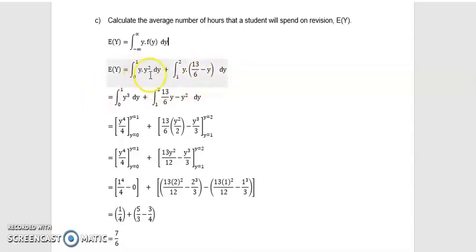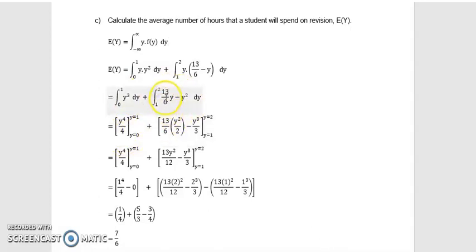Expand this part. y times y squared, we get y to the power of 3. And then y times 13 over 6, we get 13 over 6 y, minus y times y, we get y squared. Then integrate with respect to y. This part, we get y to the power of 4 over 4.